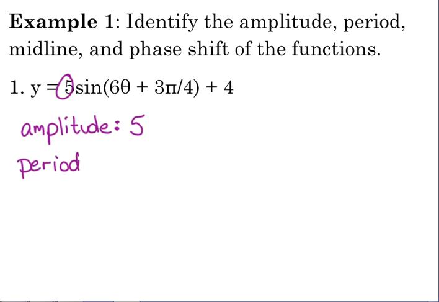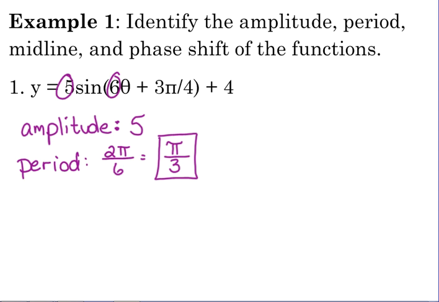The period is 2 pi divided by that coefficient in front of the variable. In this case, the variable is theta instead of x, but it's still our variable. And then you simplify that. So 2 over 6 simplifies to 1 over 3. Our period here is pi over 3. So instead of completing one cycle in 2 pi units, we're now completing it in pi over 3 units.